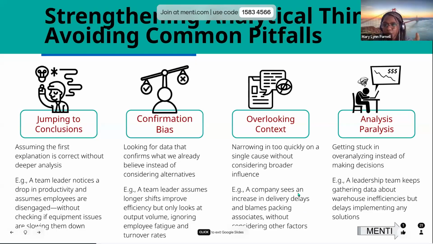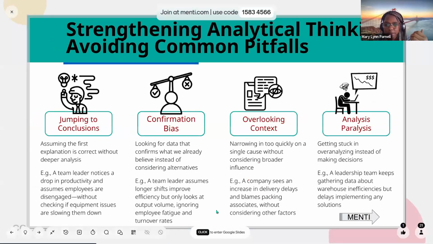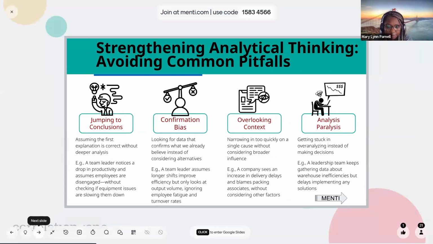So what does it look like not to overlook context? And then the last one is analysis paralysis. This is when we get stuck over-analyzing instead of making decisions. So we're a team and we keep gathering data about warehouse efficiencies, but we delay implementing any solutions because we're data hungry and not really putting anything into play.